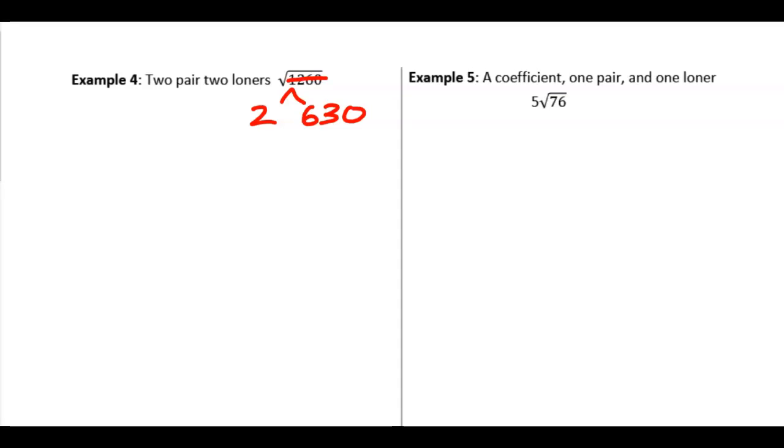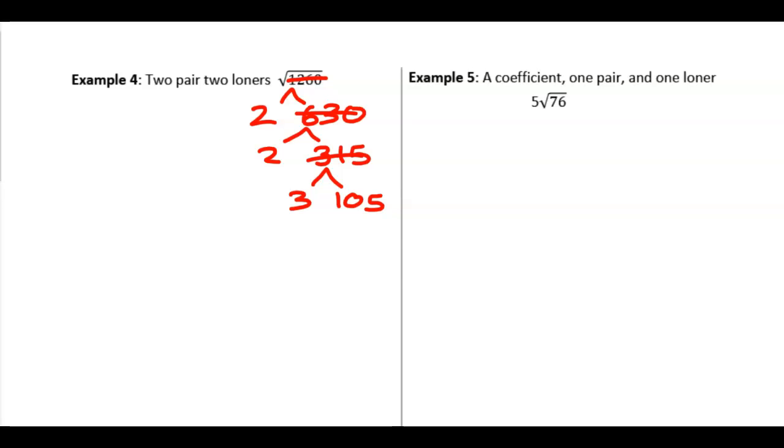Okay, that ends in a 0, so it's even. 2 times 315. Now, does 2 go into 315? No, because it's odd. Does 3 go into 315? It does, right? So 3 times 105.